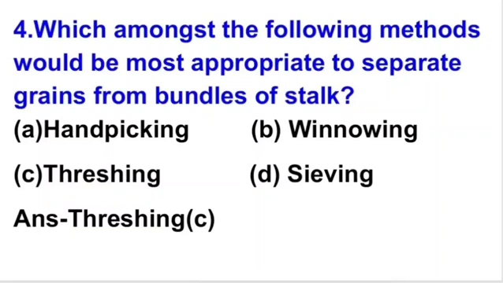So the correct answer is threshing. Threshing is the most appropriate method to separate grains from bundles of stalk. Option C is correct.